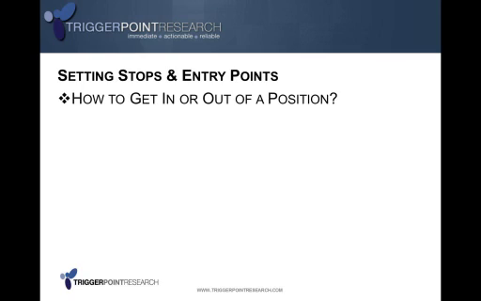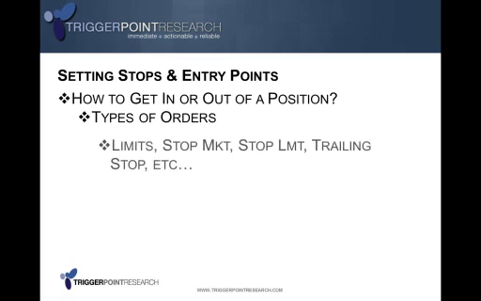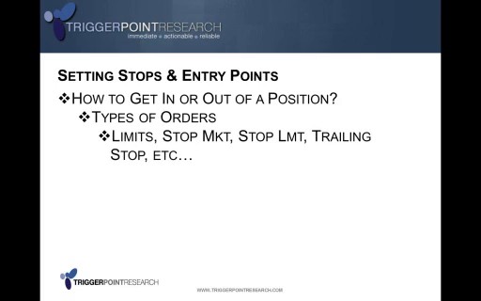Okay? So there are a couple of different things. There are different ways you can get in. One of the ways we'd like to do is possibly look at some different types of orders. So this is not specifically looking at an indicator right now. We're looking at a type of order. So we have things like stops, limits, trailing stops. There's a variety of ways that you can move in and out of a position.